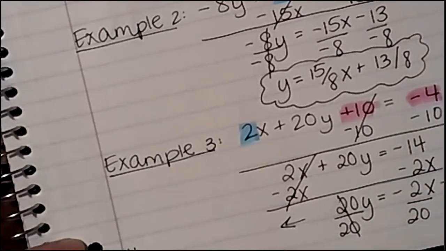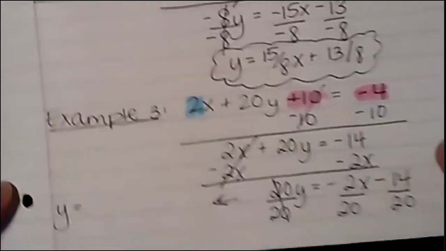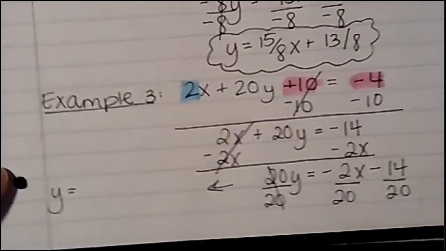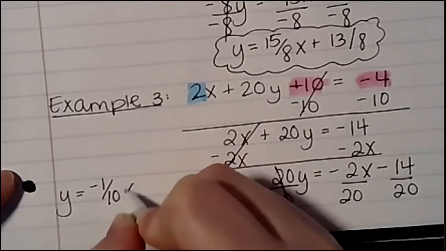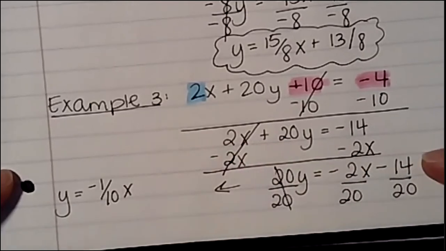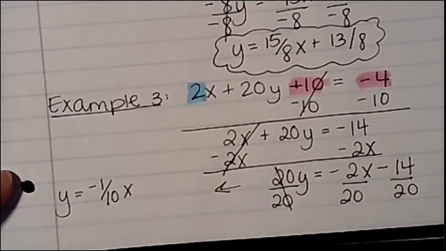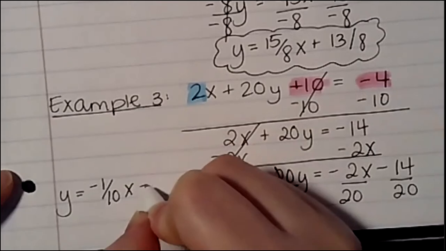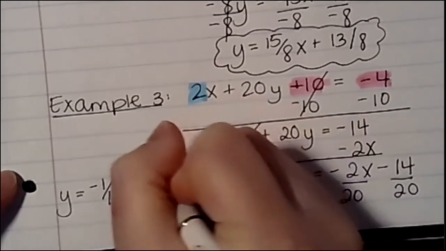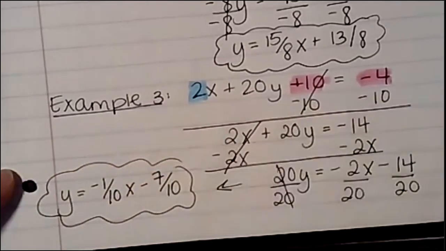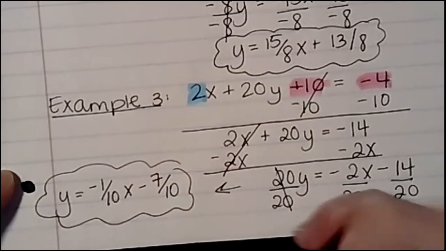Now I'm going to have y equals, negative 2 over 20 simplifies to negative 1 over 10, so it's negative 1 over 10x. And then negative 14 over 20 simplifies to negative 7 over 10, so this would be minus 7 over 10. Again, for the y-intercept, you have the option of making it a decimal, or you could leave it as a fraction.